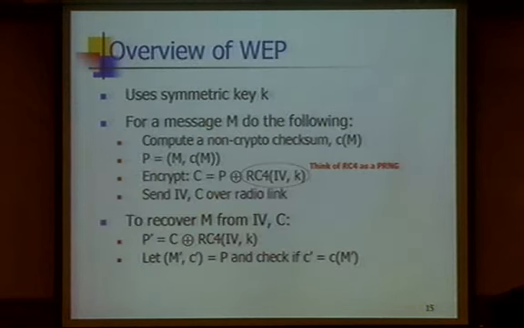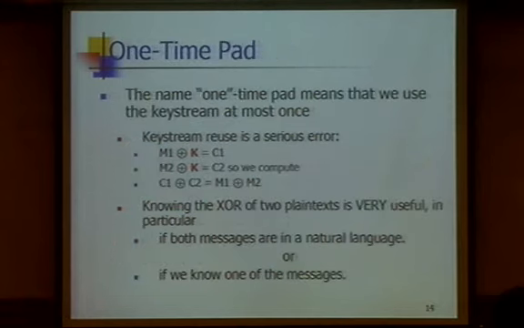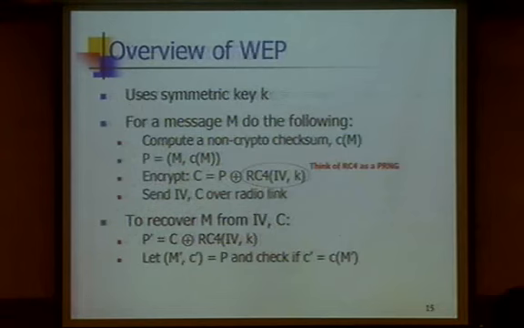This is the overall structure of the WEP security protocol. As you can see, this is very similar to a one-time pad channel. As you can see, RC4 encryption is used as the key stream generator of a one-time pad.